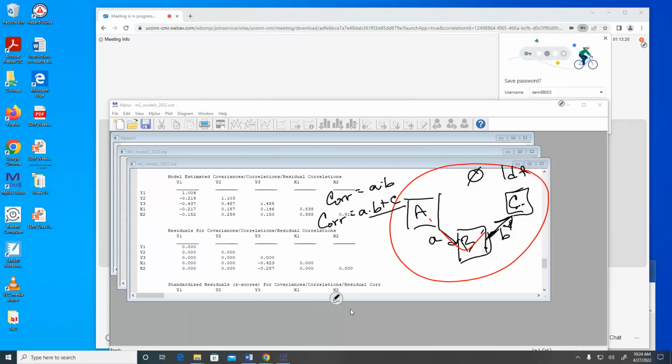Like here, whatever I'm getting for A and B, they have to not just get me to the correlation between A and B and the correlation between B and C, but they also have to be able to reproduce the correlation between A and C, that model implied correlation, and it has to just be a function of A's relationship with B and B's relationship with C.